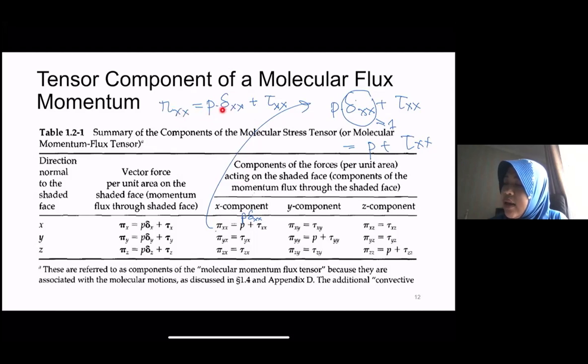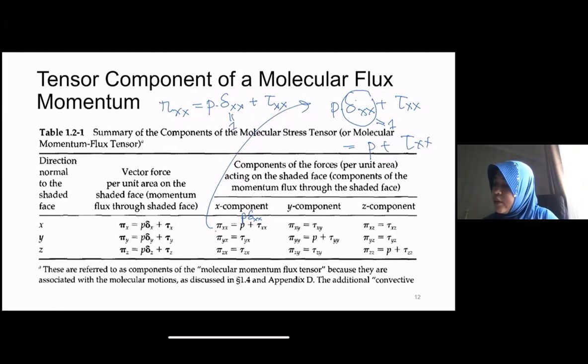So the Kronecker delta xx is equal to 1, then it becomes p, and tau xx is the shear stress caused by velocity of x to the direction of x.